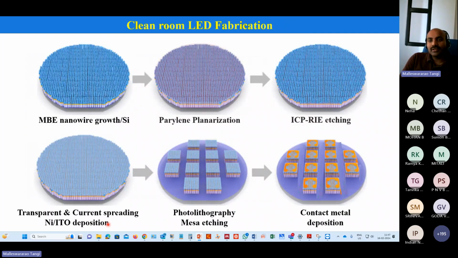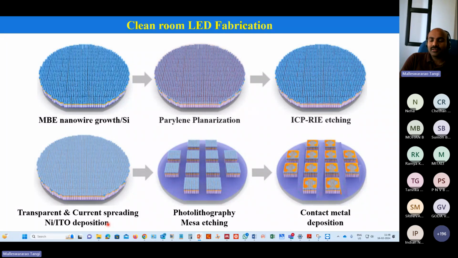Once we confirmed that these nanowires are structurally and optically very good materials, we went for clean room device fabrication. As I discussed, we first grew high quality nanowires using MBE on silicon 111 substrates. And then we deposit parylene.